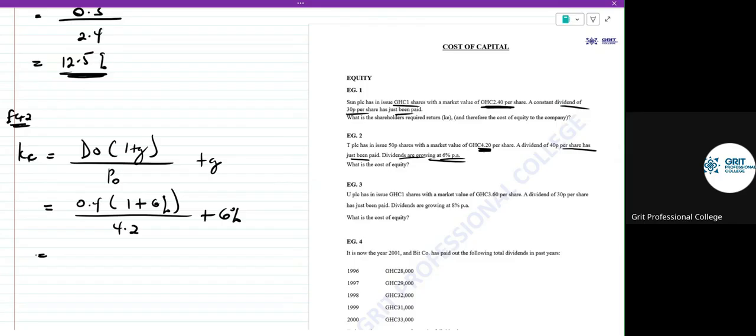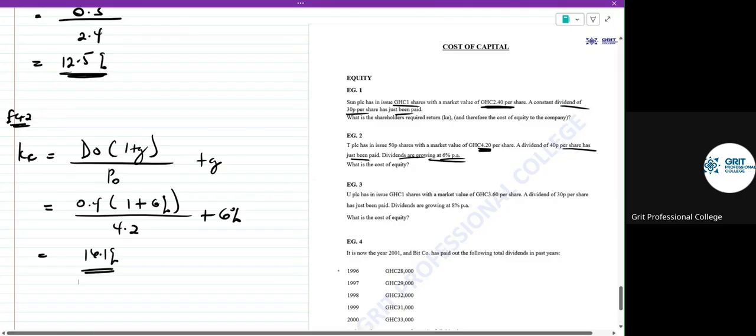And so I believe that will give us 16.1%.